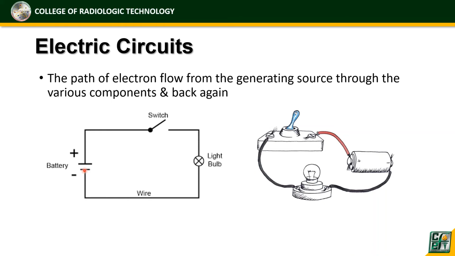So remember, di ba, yung flow ng electricity natin, yung electric charge, di ba, positive, outward. Okay? Paikot. And then, negative inward. Okay, so ganun siya. Okay, so ganun din dito, positive, papunta sa switch, paikot. Okay, then negative, pabalik.